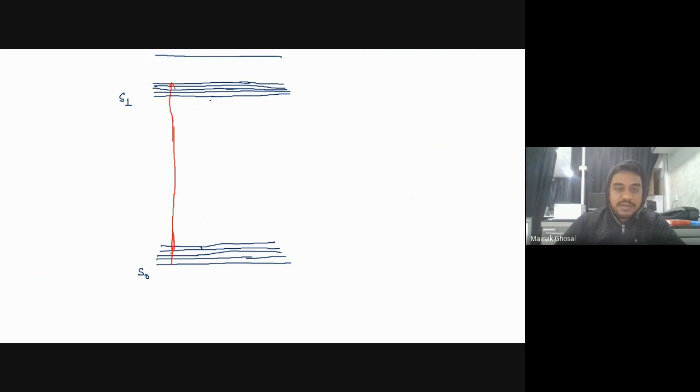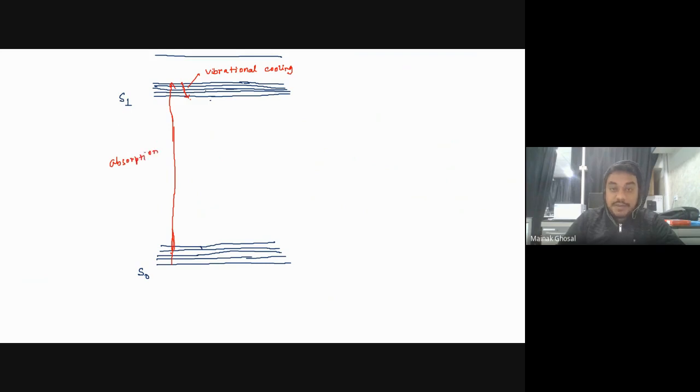Suppose it is setting here. Let's consider this as a straight line. From that, it comes down by vibrational cooling, and it will come here. This is known as vibrational cooling, and this process is known as absorption.